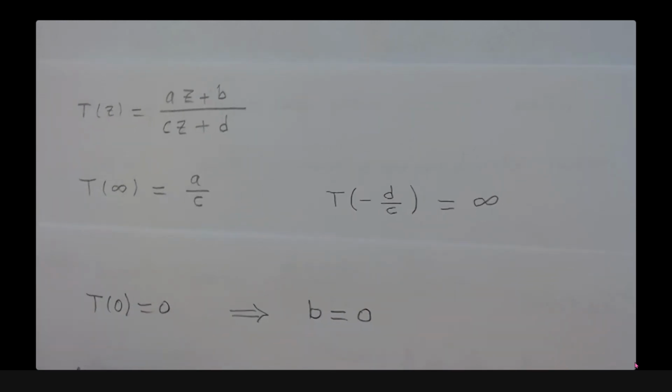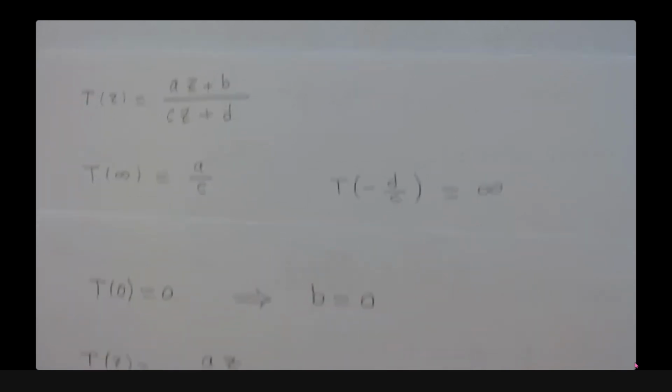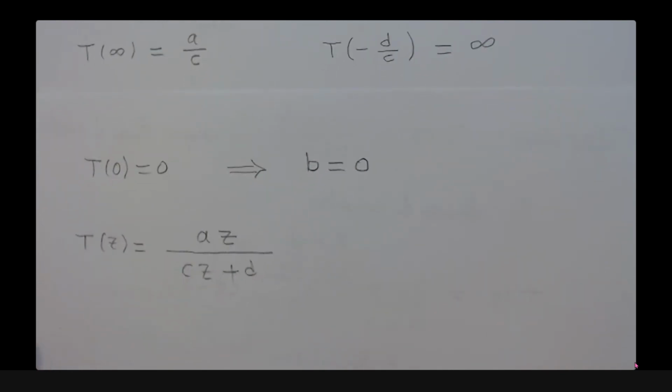So when B is 0, what happens? T of Z becomes AZ divided by CZ plus D. B is already 0. Now, these are constants.